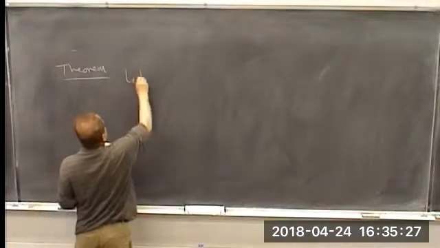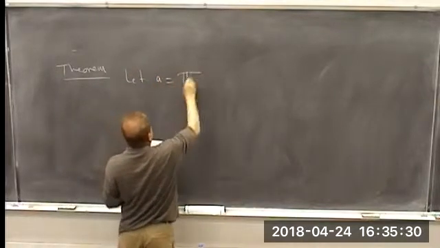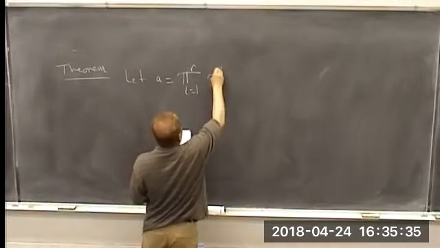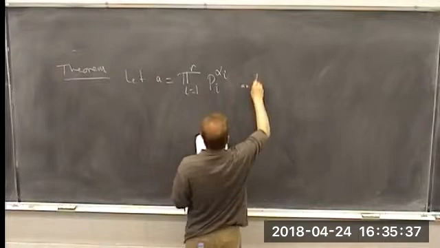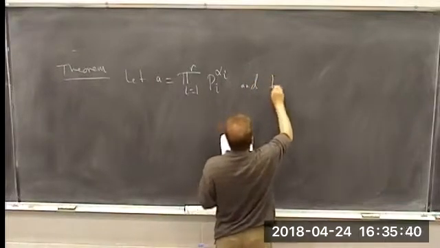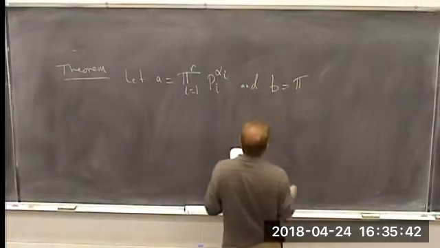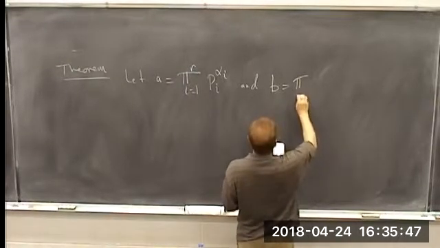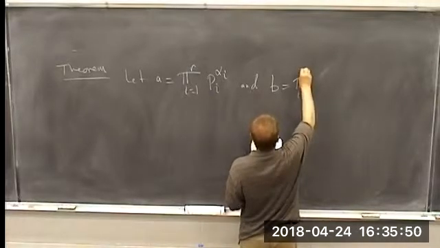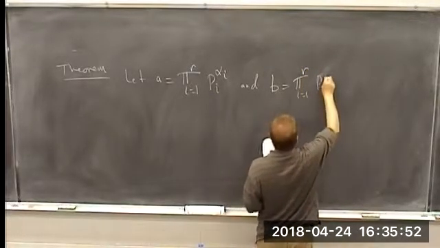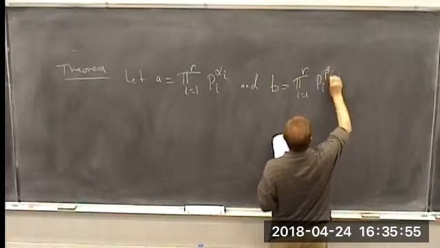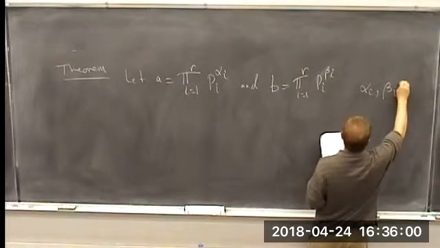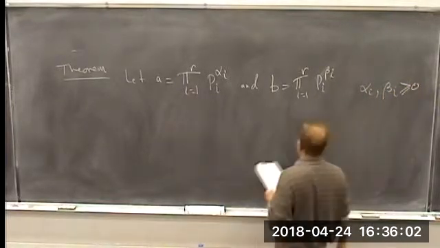Let A equal the product for i equal 1 to r of p_i^alpha_i, and B equal this. And this time I'm going to be using the same primes, so I'm going to allow some exponents to equal 0. B equals the product for i equal 1 to r of p_i^beta_i, where the alpha_i and the beta_i are bigger than or equal to 0, for every i.